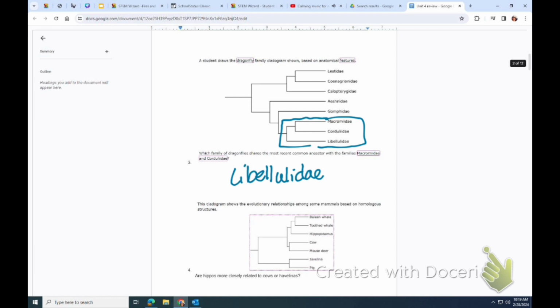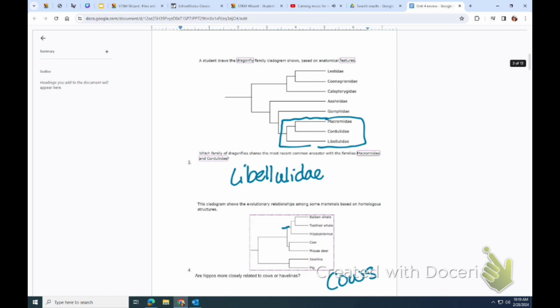Next one is also a cladogram. Look at it real close, and you tell me, are hippos more closely related to cows or javelinas? Xander, your hand was up first? Yeah, they're most related to cows. Alex, can you explain why? Anybody want to give it a chance for a ticket? I don't know what those lines are.